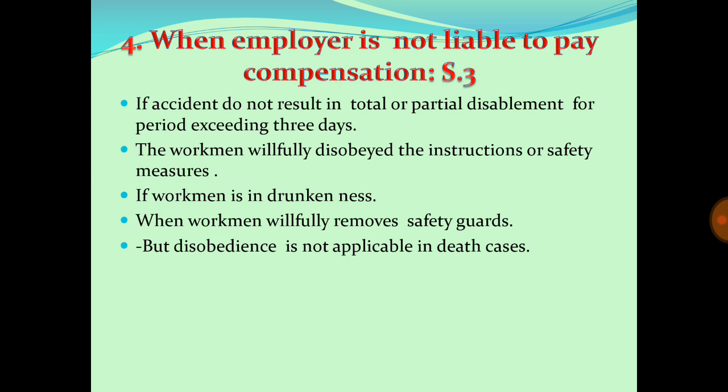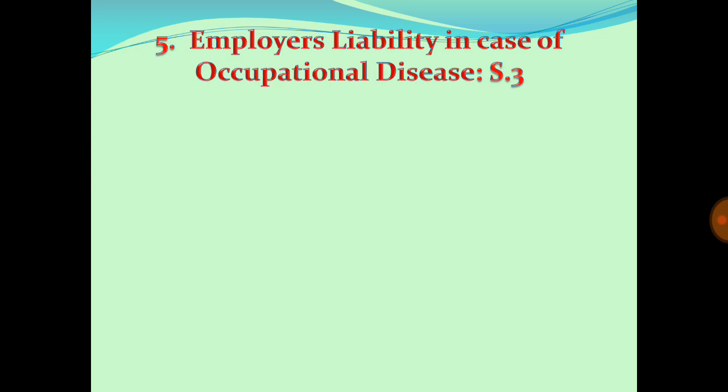Even though death has resulted due to disobedience of instructions or removing safeguards, it is the liability of the employer to pay compensation, because the worker has lost his life, and here it is necessary to protect the interest of dependents.